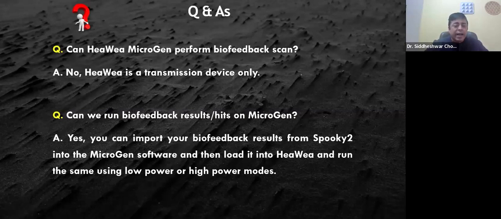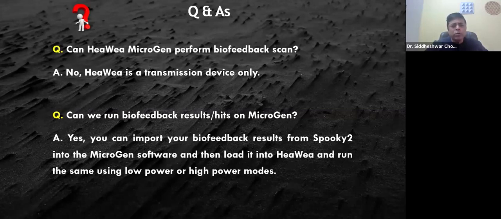Okay. Can we run biofeedback results or the hits from Spooky2 software on HeaWea? Yes, you can. You can import your biofeedback results from Spooky2 into the MicroGen software and then load it into HeaWea and run the same using high power or low power connections. Okay, it's up to you.